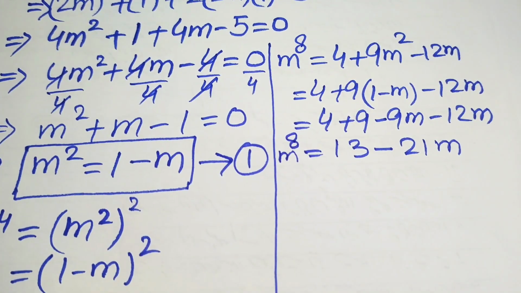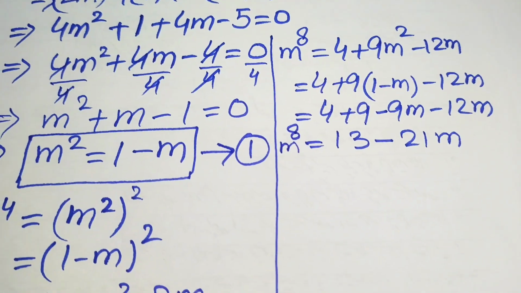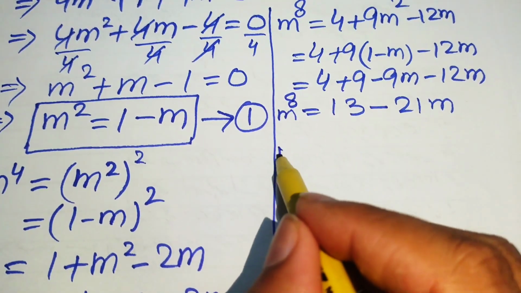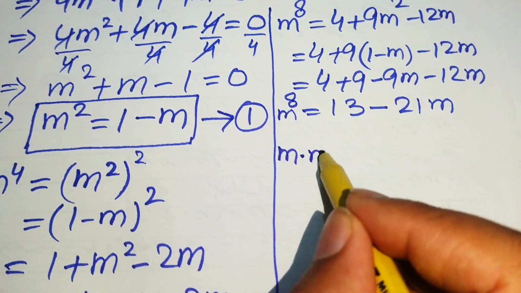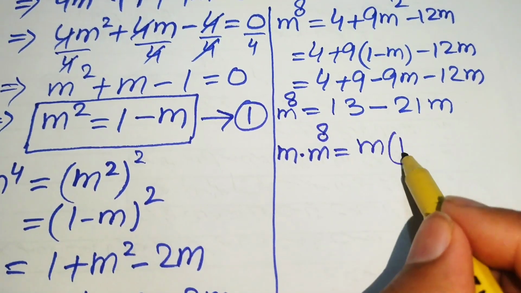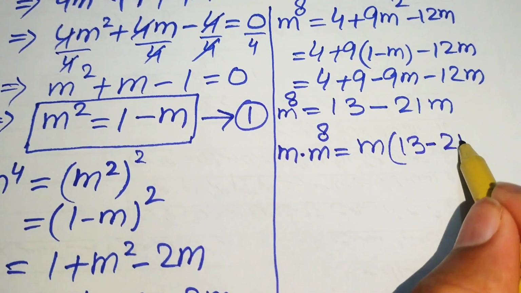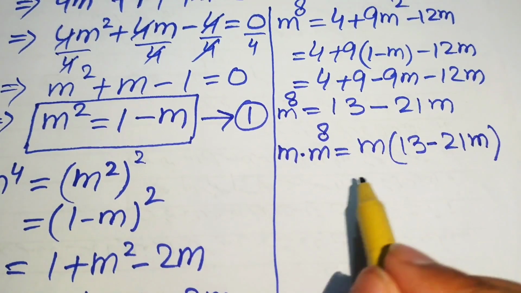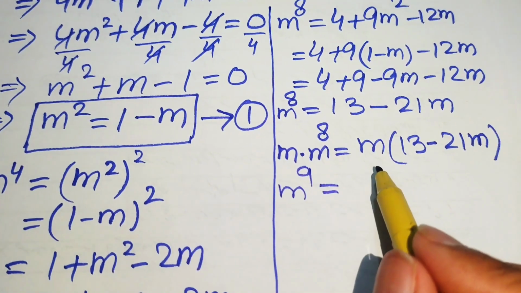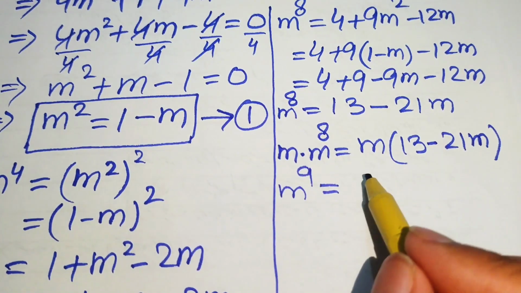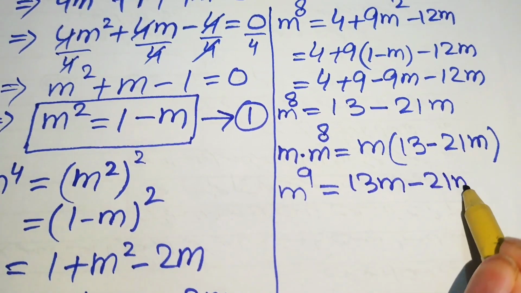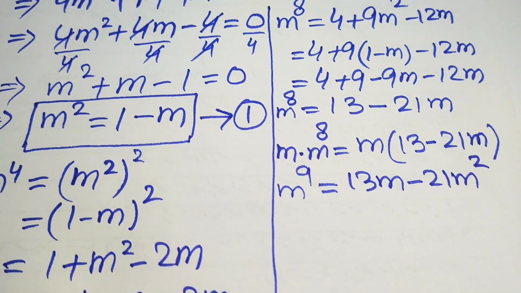Because our target is to find the value of m to the power of 9, we multiply both sides by m. So you get m times m to the power of 8 equals m times (13 minus 21m). So this will be equal to m to the power of 9, and here we multiply this m on both terms, and we get 13m minus 21m square.